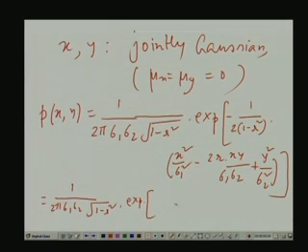In one case we have got x by sigma 1 minus r y by sigma 2 whole square.